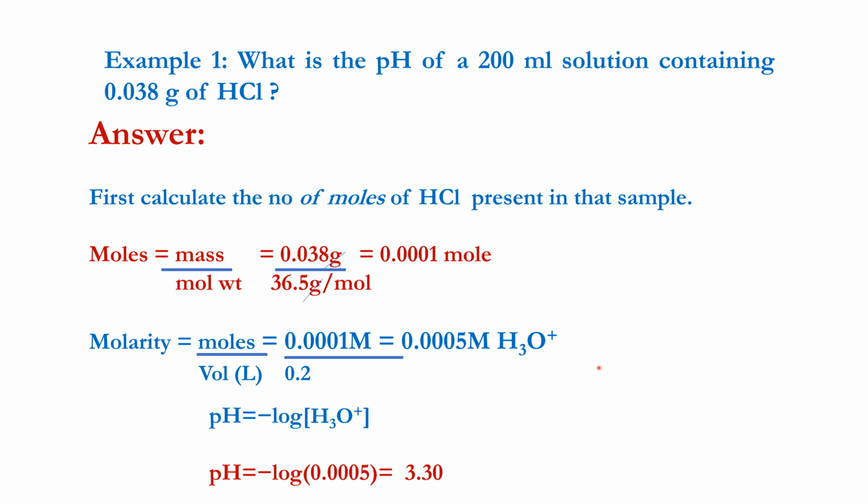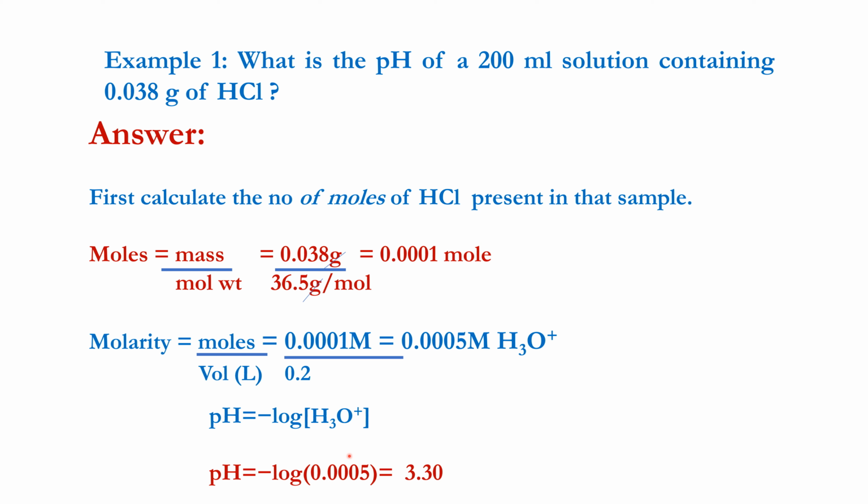So now that we have the molarity of the hydronium ion, which we calculated to be 0.0005 moles, we can calculate the pH. Remember, you cannot calculate pH if you do not know the hydronium ion concentration. But now that we have calculated it, we can calculate pH using this formula.